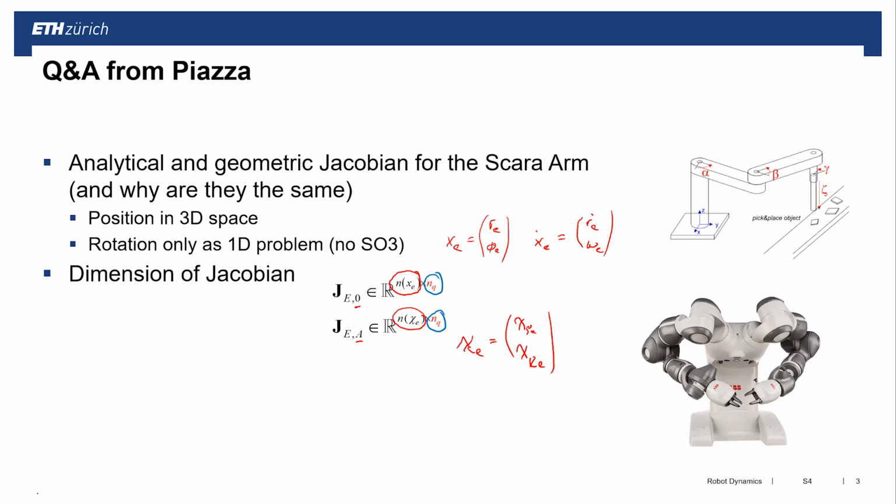So this is a robot which stands on a table, and we have two arms. We have one arm here, and we have one arm here. So what we need is a q left arm and a q right arm, which are used to describe the kinematics of these individual arms.